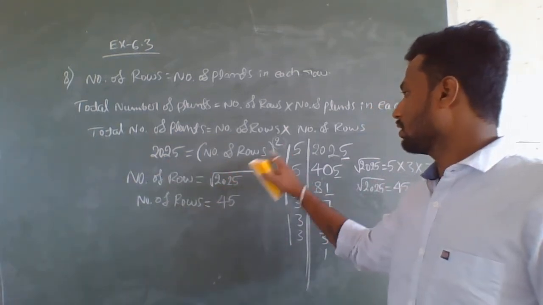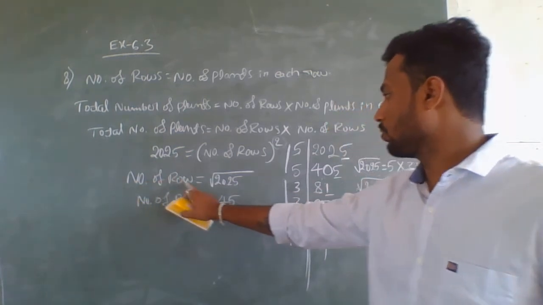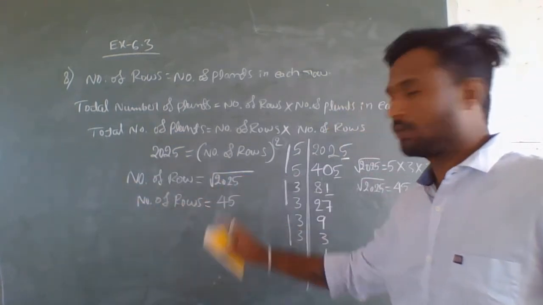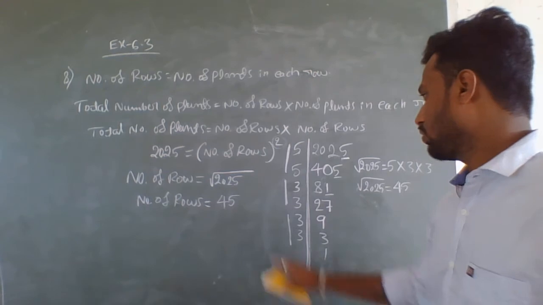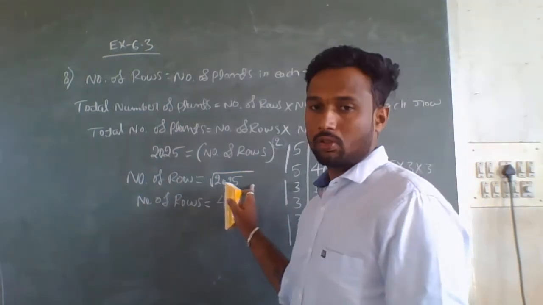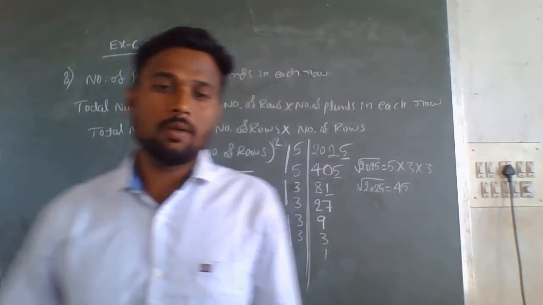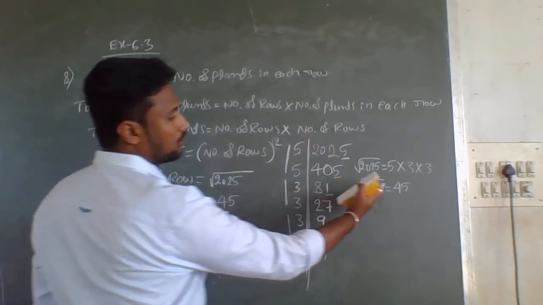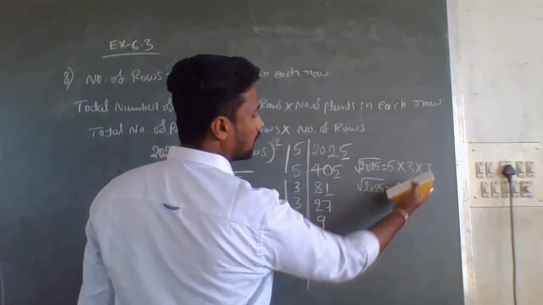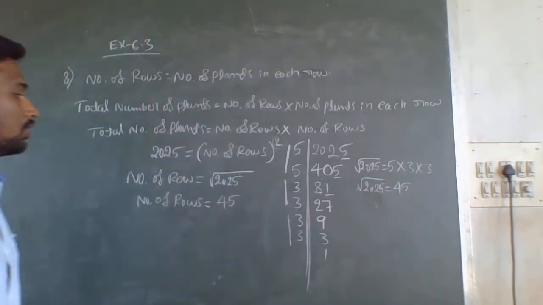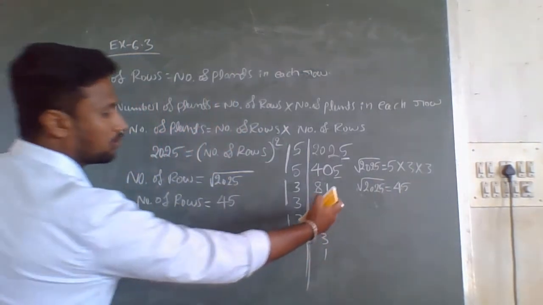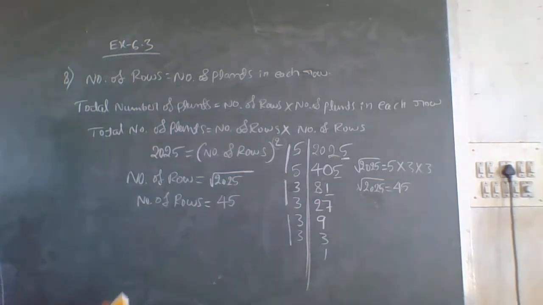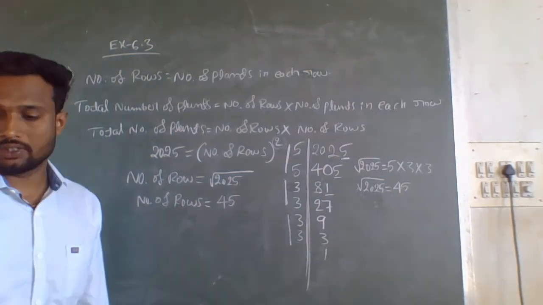We will not consider the square value, therefore the number of rows equals the square root of 2025. To find the square root of 2025 by the prime factorization method, what we got here is 45, 5 into 3 into 3 is 45. So the square root of 2025 is 45. Therefore the number of rows equals 45 is the answer.